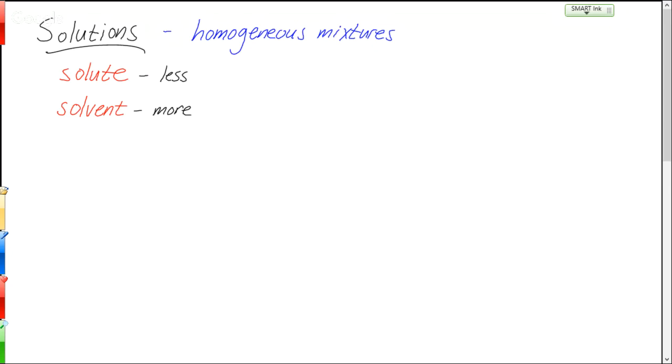The only difference there, I'll make a little note here: when there's water involved, and there's not always water involved, but when there is, water is almost always the solvent, even when there's less of it. We'll see some examples of that.